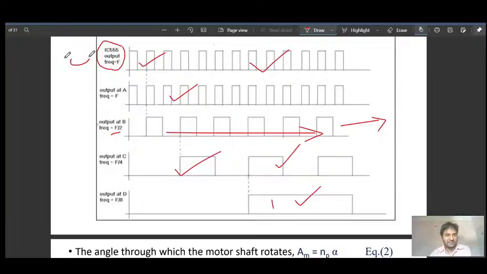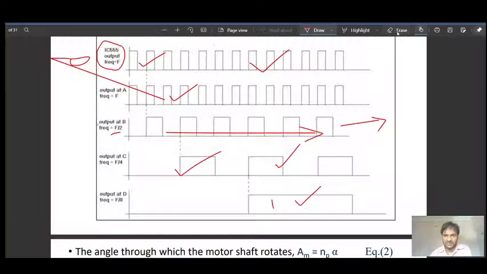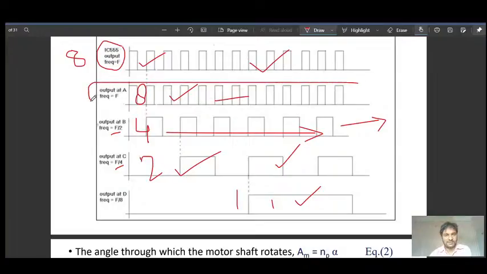It means if the IC board or motherboard PLC supplies 8 pulses, we will get here one pulse. In this case, 2 pulses. In this case, 4 pulses. In this case, 8 pulses. So that pulse will drive the motor.